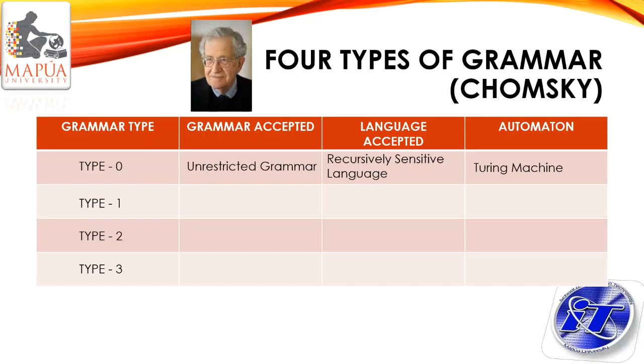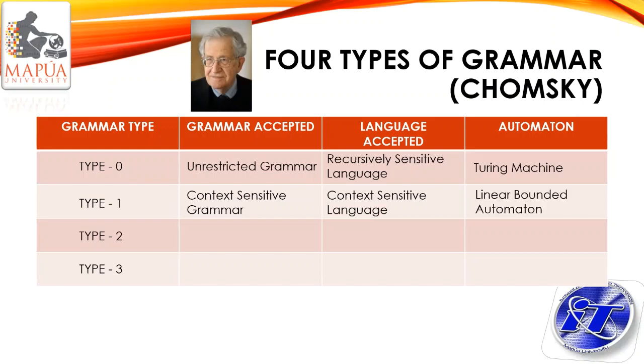Okay, so type 1 is context sensitive grammar. The language being accepted by this grammar type is context sensitive language, and it is being accepted by linear bound automaton.